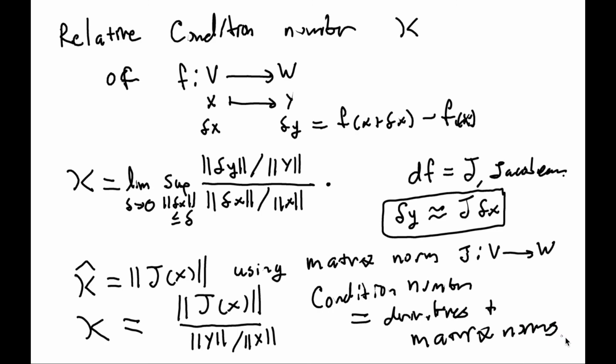And so what we're measuring is the matrix norm of the derivative in either an absolute or a relative sense. And that tells us, in a very clear way, how sensitive the function f is to its different inputs. So our goal now is to use condition numbers to analyze the stability of algorithms for different functions.